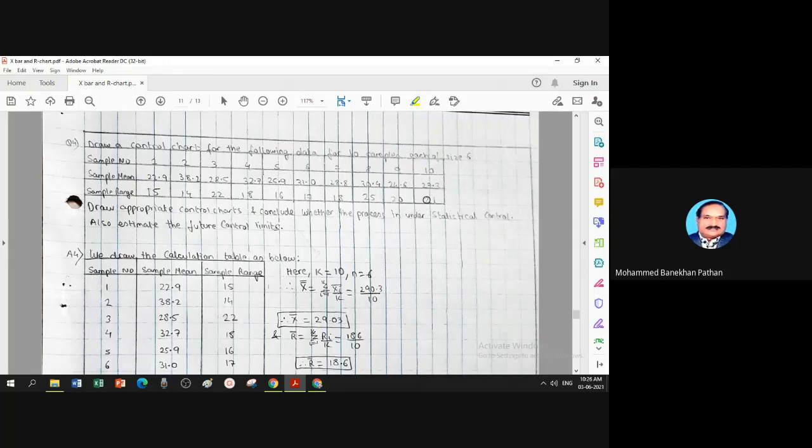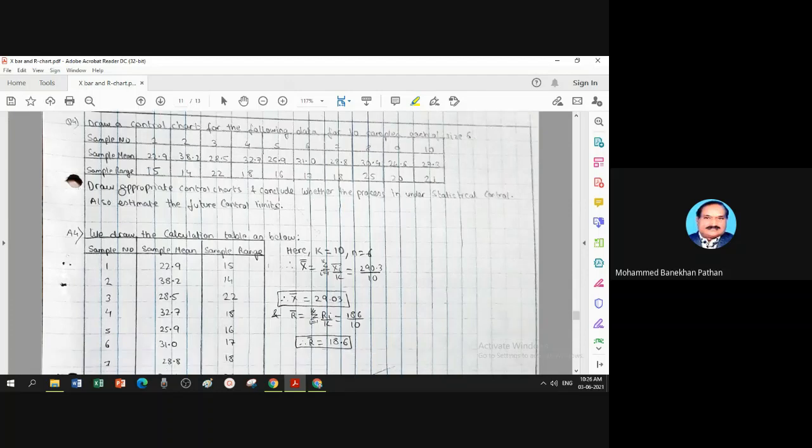In some questions, they give the 6 values per sample. Then by using those 6 values, you calculate the mean and the range. Range is nothing but the largest minus the smallest value in that particular sample.